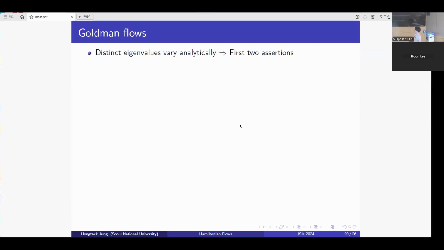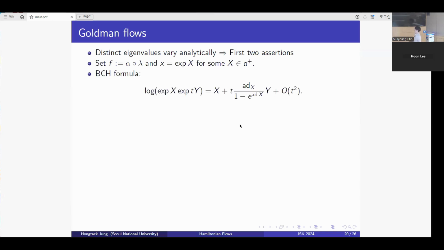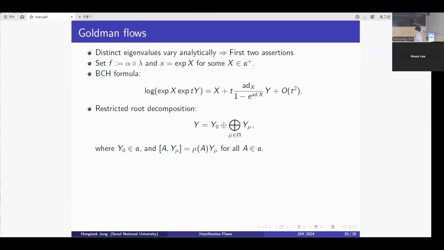Let's say f is our invariant function, and x is the exponential of some element in the positive Weyl chamber. The Baker-Campbell-Hausdorff formula tells us that the logarithm of this multiplication can be written as follows: up to first order we have something, plus higher order terms.